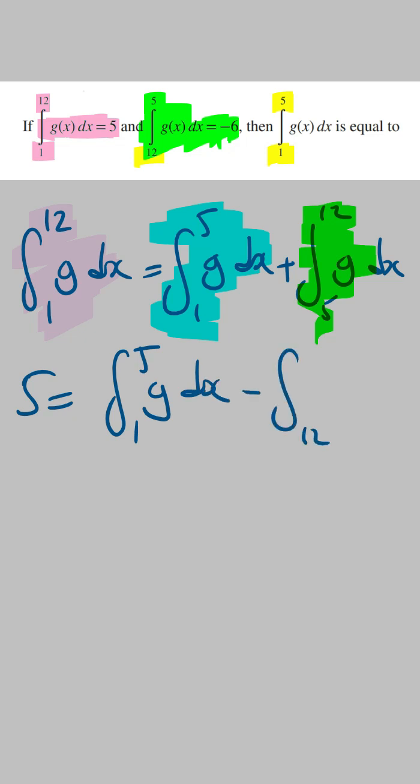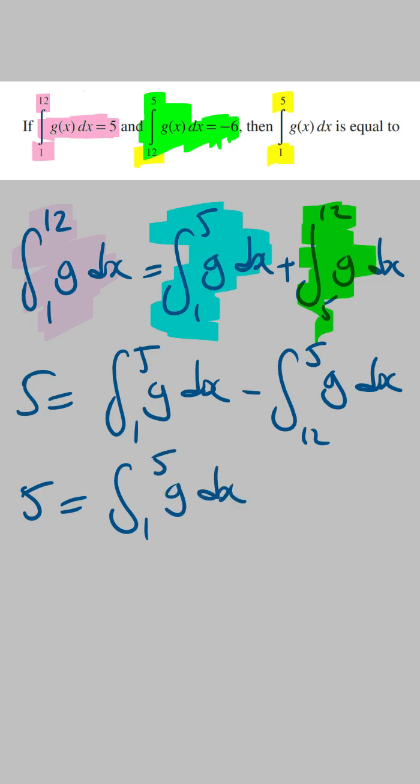And so what we need to do is apply another property of definite integrals, and that is that if we swap the terminals, we multiply the integral by a negative, and so we can write this as 5 is equal to the integral from 1 to 5 of g dx, and then we can say that minus the integral from 12 to 5 of g dx. And we know that this is equal to minus 6, and so this is going to be 5 is equal to the integral from 1 to 5 of g dx minus 6, which is going to be plus 6.